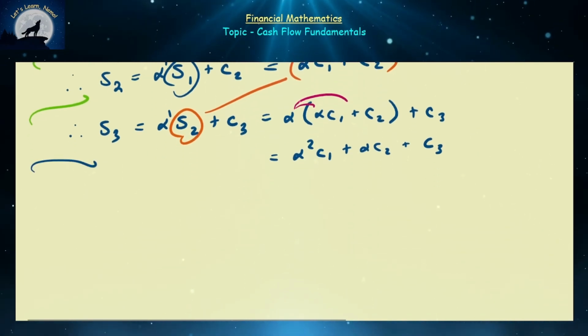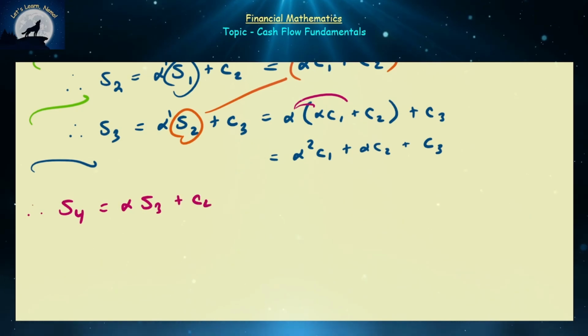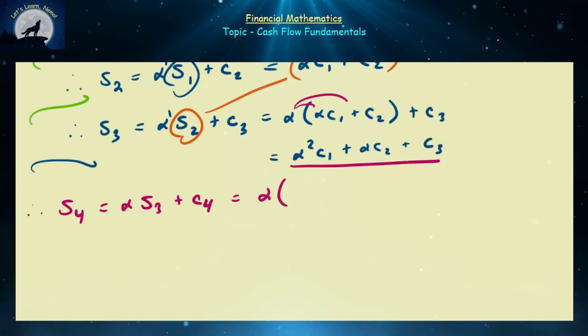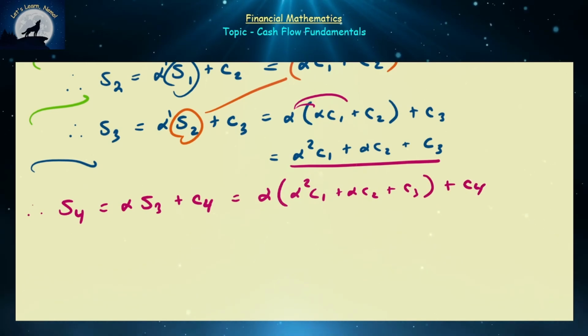Let's just do one more. So S4 is going to be equal to one accumulation of S3 plus the transaction at time t equal to 4, which is going to be equal to alpha times that particular object, so alpha squared C1 plus alpha C2 plus C3, plus that new transaction C4.